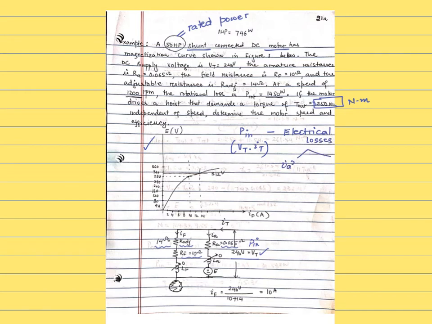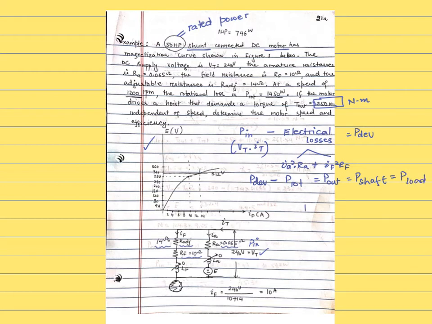One could be IA squared times RA, the other could be IF squared times RF. The sum of them gives you the developed power. After that, you subtract the rotational losses, and that gives you the output power, which is the same as the power at the shaft, which is the same as the power required by the load.